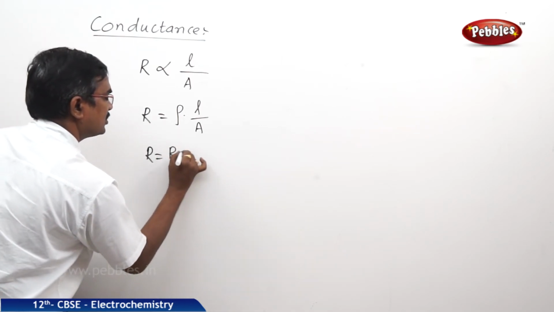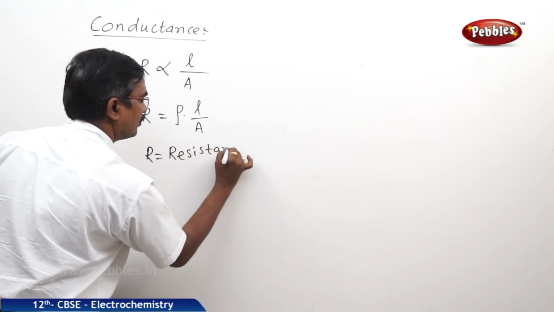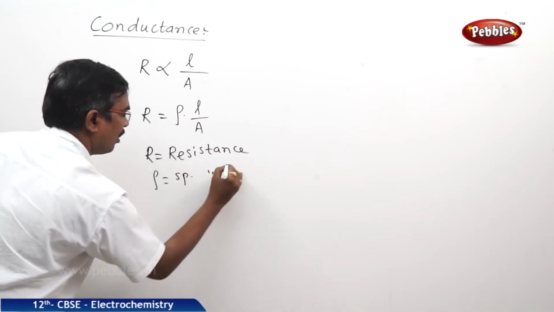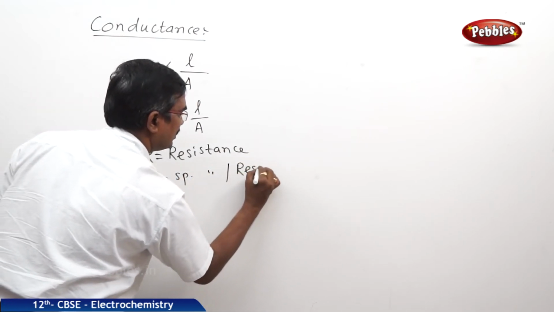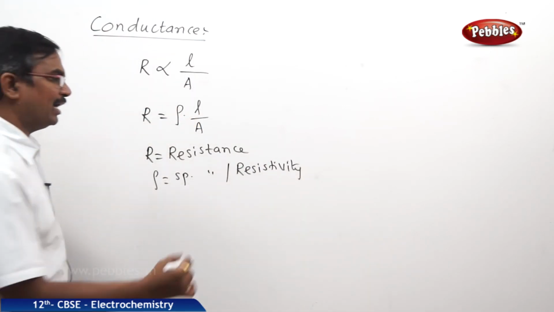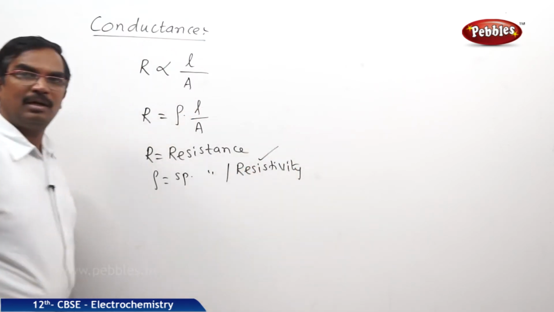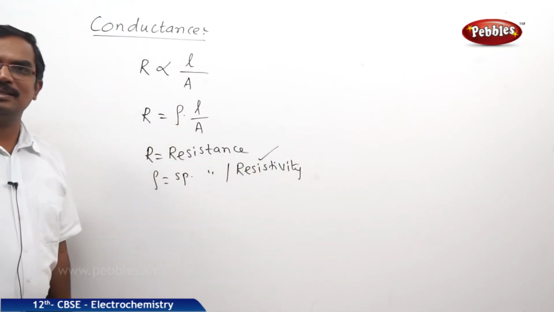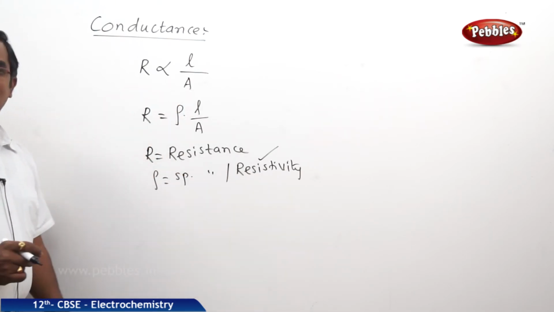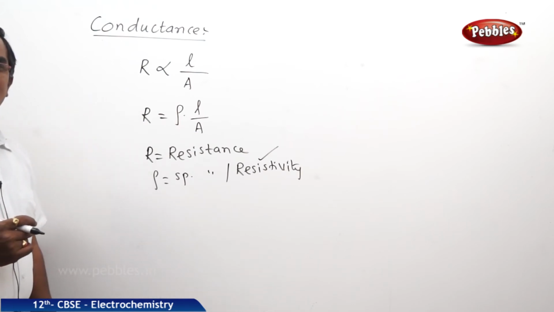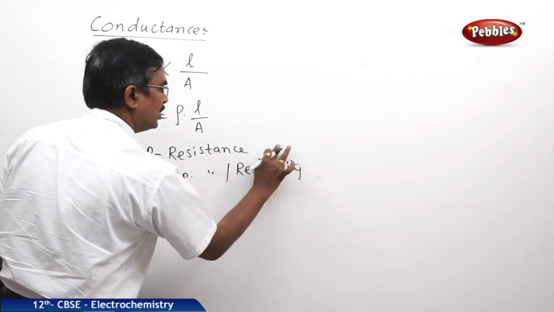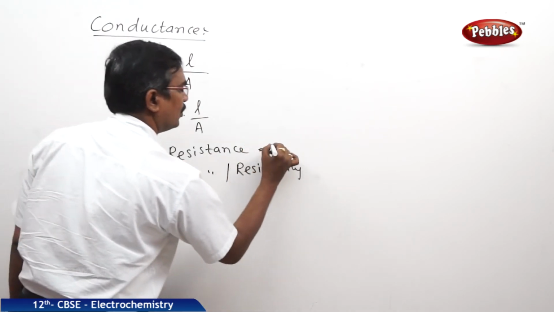R is the resistance, rho is specific resistance, also called resistivity. But as per IUPAC, instead of specific resistance, we generally have to use resistivity. And L is the length and A is the cross-sectional area. And generally the resistance has the units of ohm.